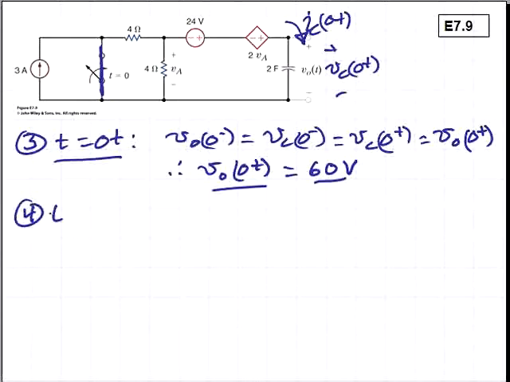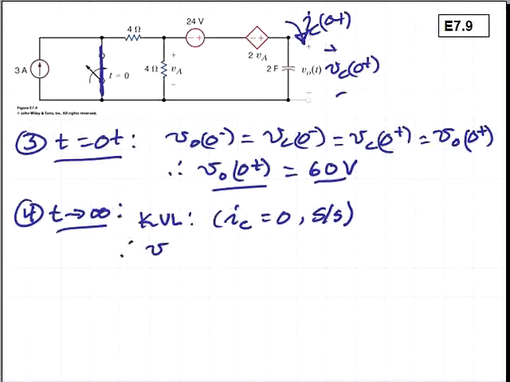Step 4 is to consider the circuit behavior as time goes to infinity. We'll do a KVL again and recognize that the capacitor current is equal to 0 because we're in a steady state condition as time goes to infinity. So therefore we can say that there's no voltage drop across the resistors in the circuit.